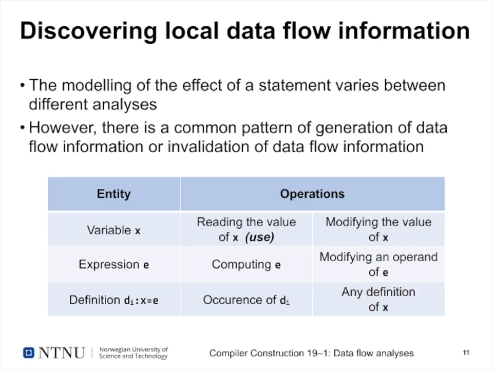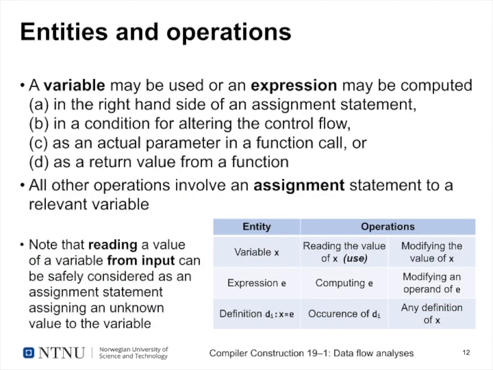A variable may be used, or an expression may be computed, on the one hand in the right-hand side of an assignment statement, then in a condition that alters control flow, so a loop or an if condition or a case statement, or as an actual parameter in a function call, or as a return value from a function. All other operations, so not using variables or computing expressions, involve an assignment statement to a relevant variable here.